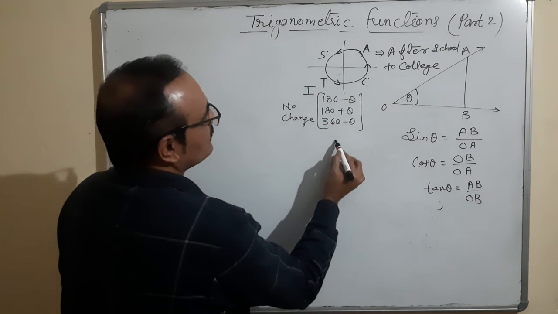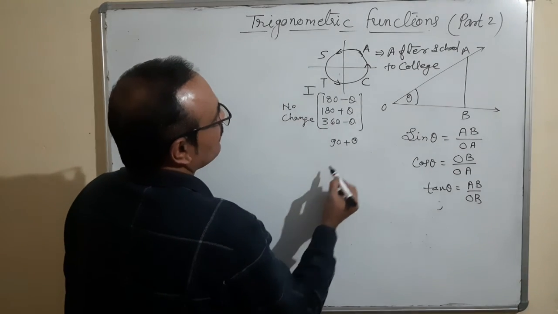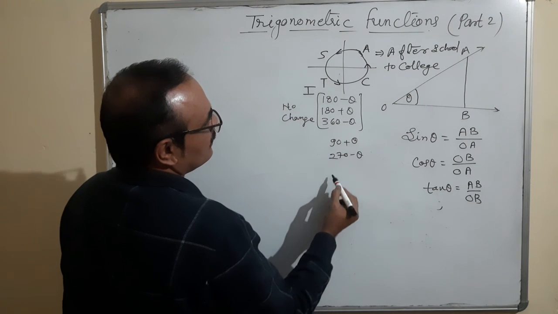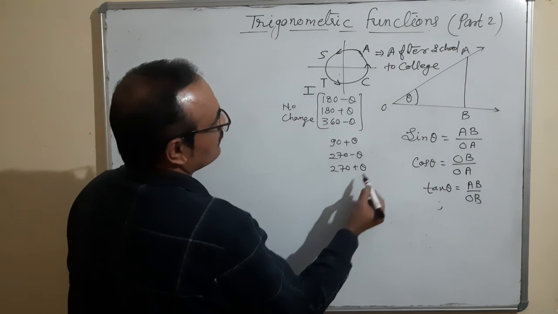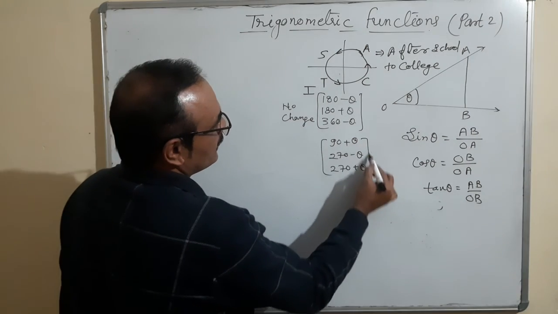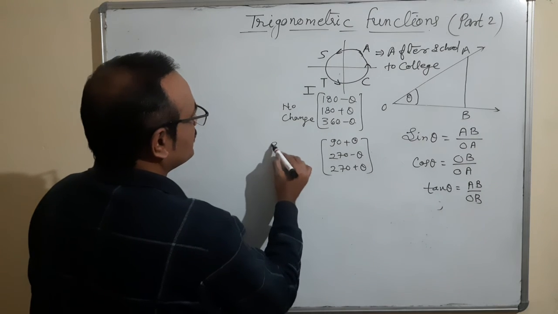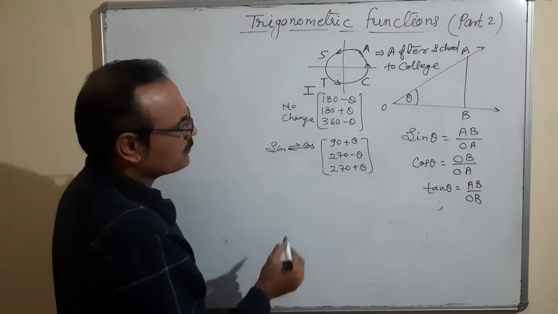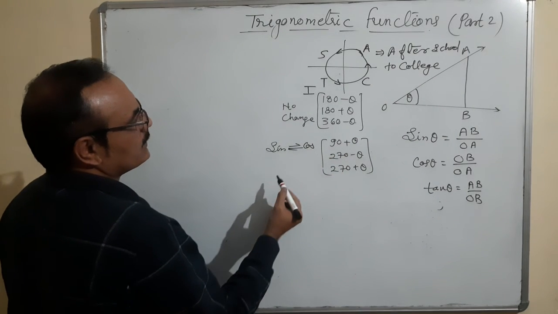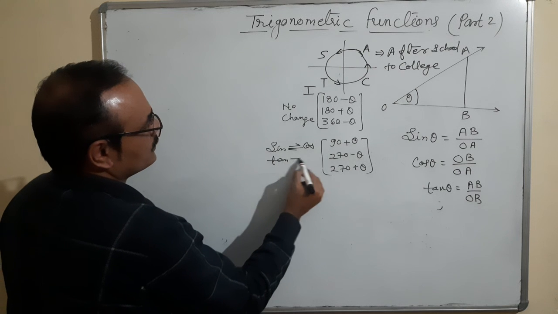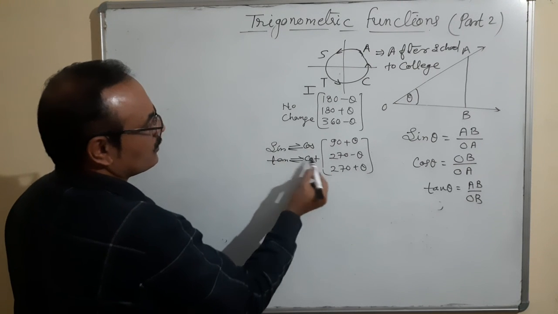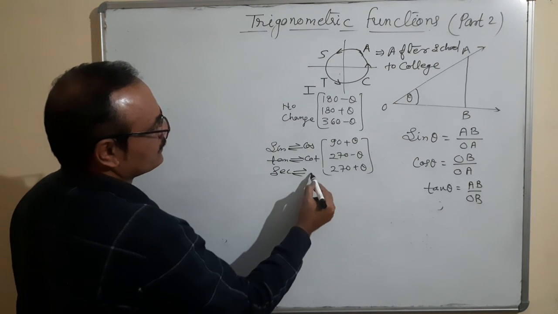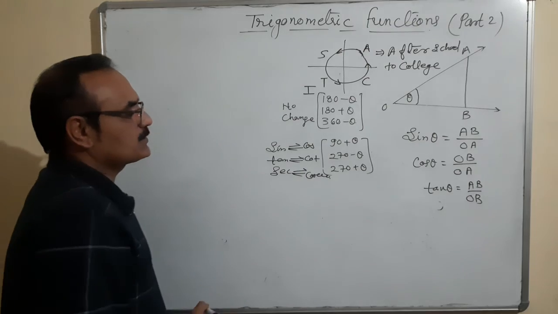But apart from that, for 90 plus theta, 270 minus theta, 270 plus theta, the values will be changed. That means sine will change into cos, but generally we don't use this. Sine changes to cos, cos to sine, tan to cot, cot to tan, sec to cosec, and cosec to sec.